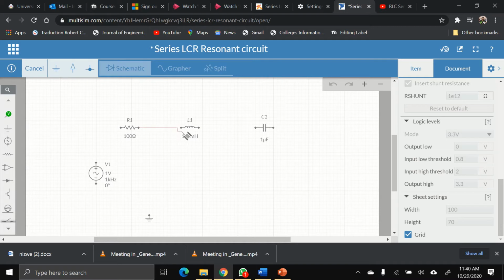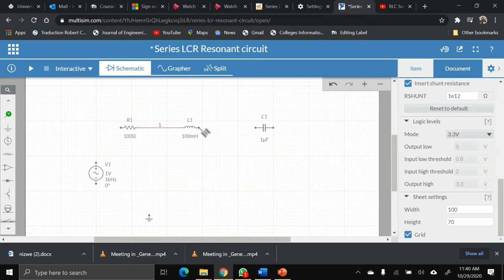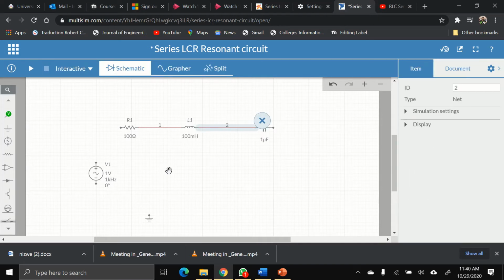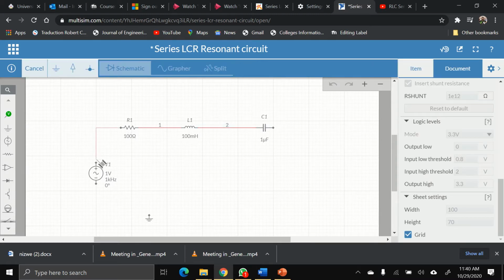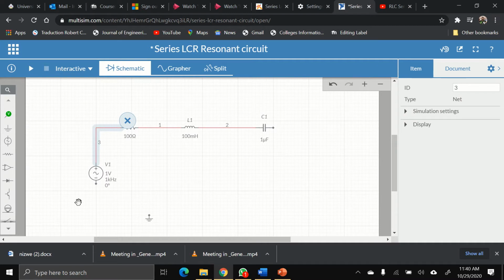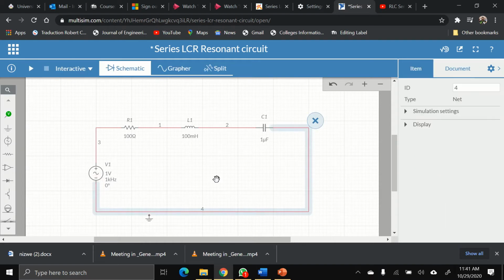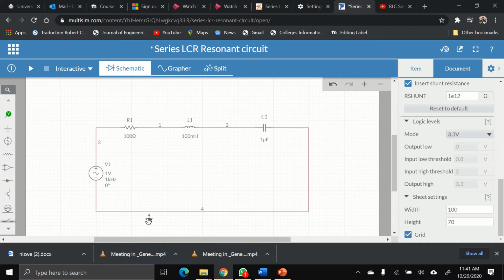Then when this circle comes, click. After that, drag from here, and when this circle comes, click. In this way we have to connect the whole circuit, like this.